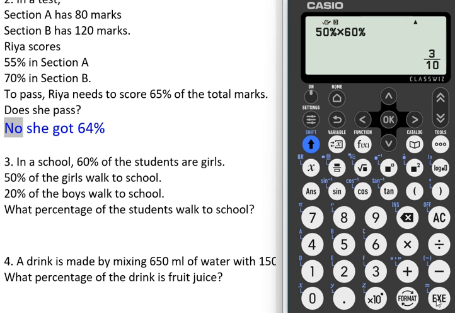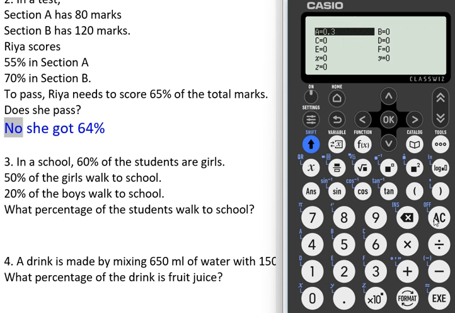What I'm going to do now is store that in the memory. So variable here, we've got the 44 from the previous question. I am just going to overwrite that with this one, so I'm going to store that 3/10. If you want to check what's in the memories, you can have a look by going on variable. So it's stored 0.3 because 0.3 is the same as 3/10.